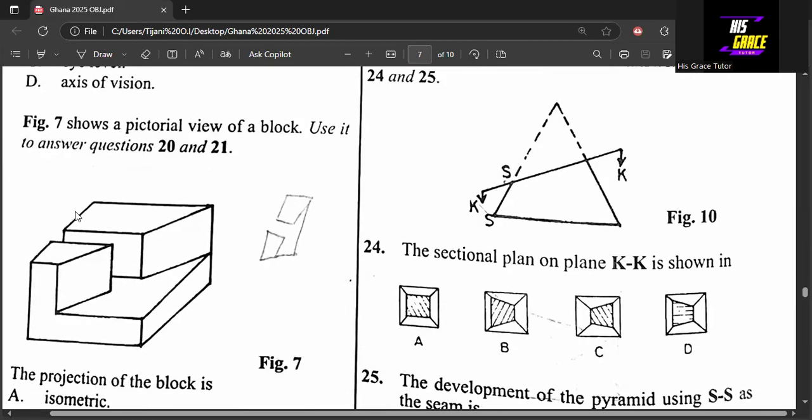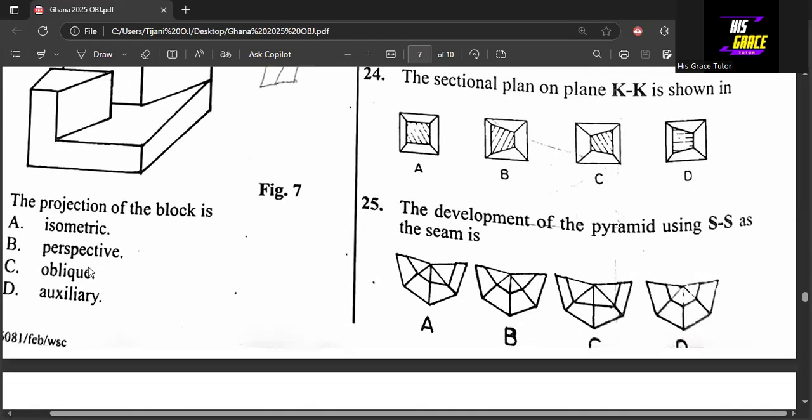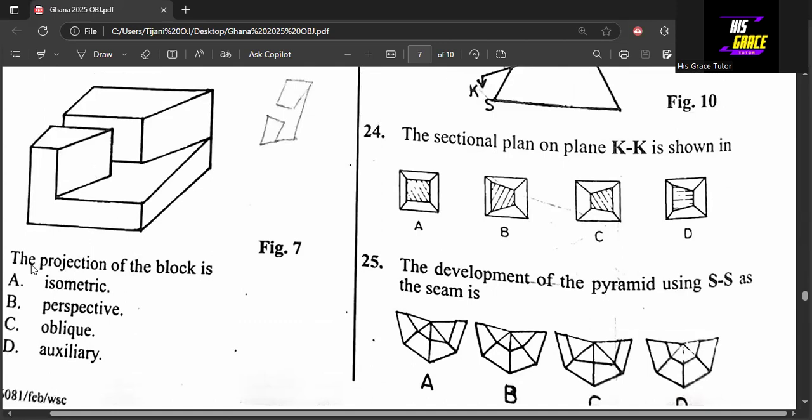Then question 20, we have to make use of the diagram to answer questions 20 and 21. For question 20, the projection of the block is oblique. If you look, this line is parallel to the horizontal projection plane, while this line is at an angle of 45 degrees, or it may be less or more than 45 degrees. It can be 30, it can be 60, or it can be 45.